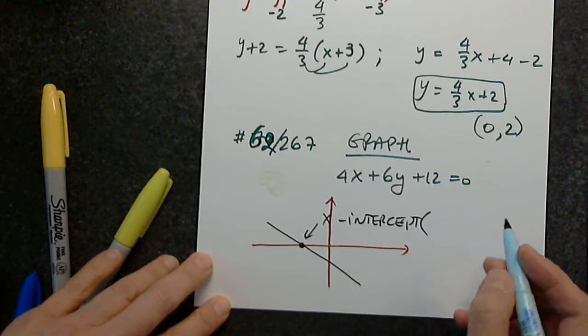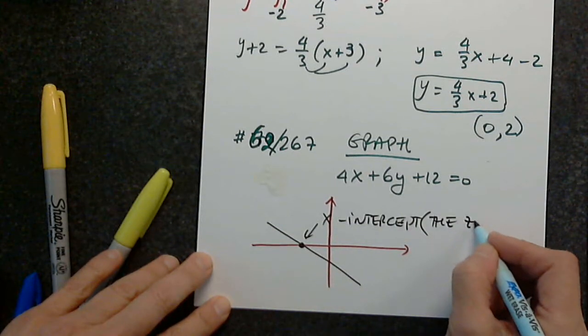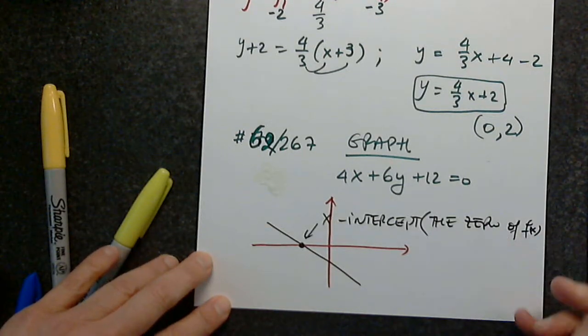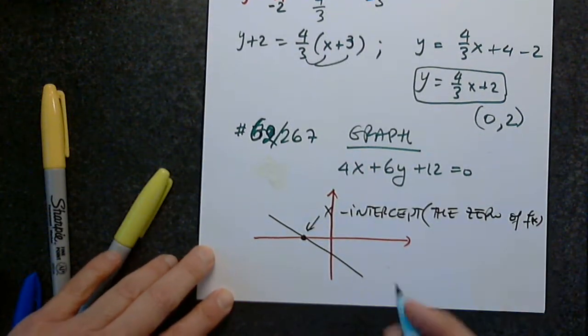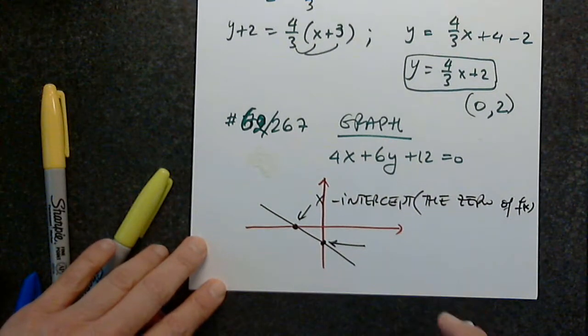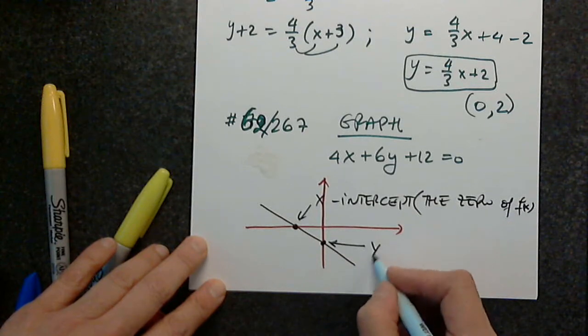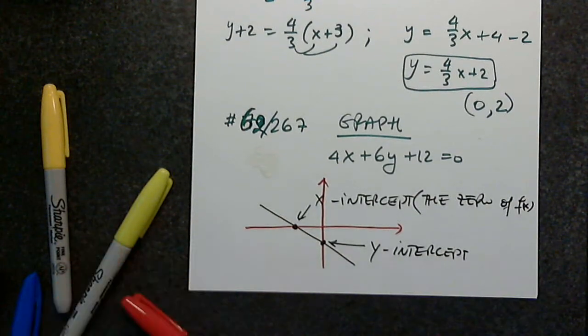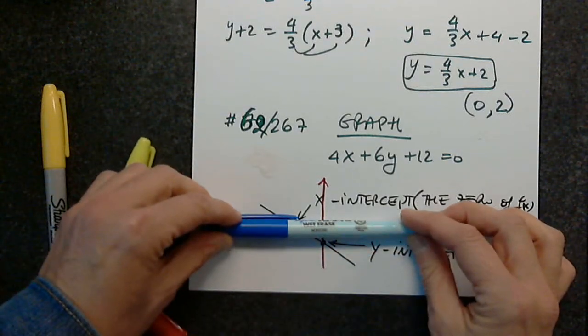For a function it is also called the zero of f of x, or the zeros if it has more than one. Perfect. How do we call this point? Very good. Now, how do I determine the x-intercept? It's a point on the x-axis.